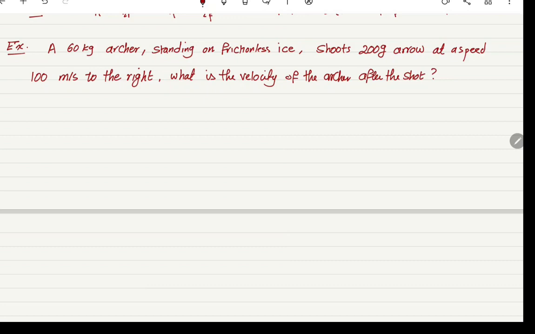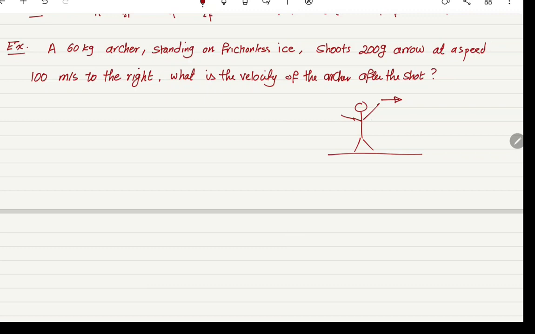Let's just have a quick sketch. Here's the archer and here's the arrow. The archer is standing on frictionless ice. The arrow is fired with 100 meters per second. Now what is the velocity of the archer after the shot?